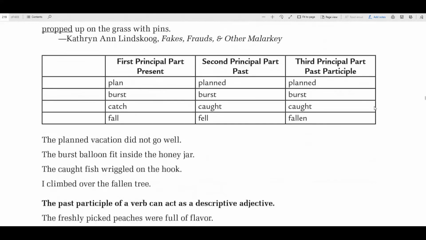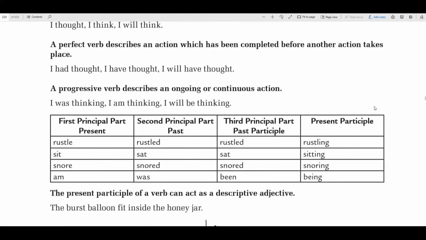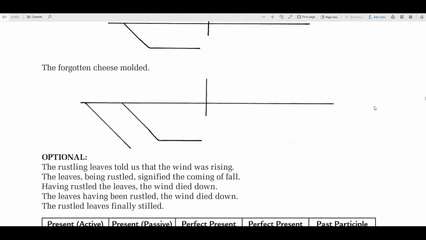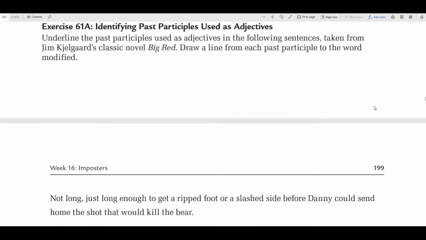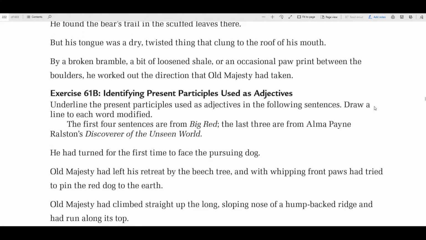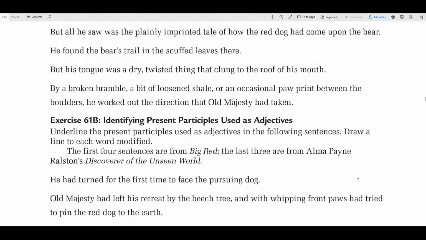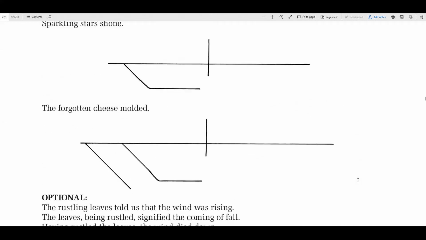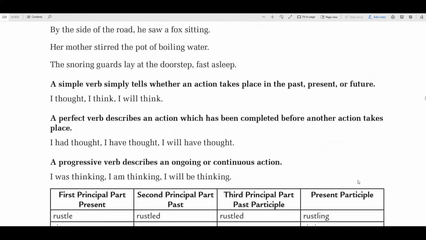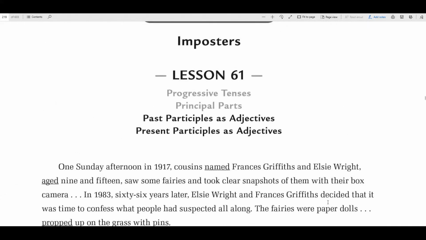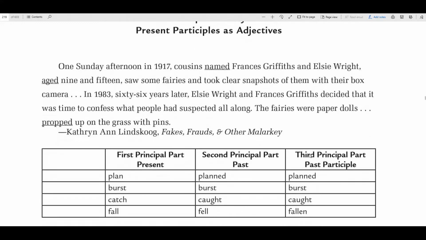Now, I believe it might have been lesson number, participles. Maybe it was lesson 61. Let's look at lesson 61. You may have your packet in front of you from where you've done it before. Progressive tenses, principal parts. Okay.